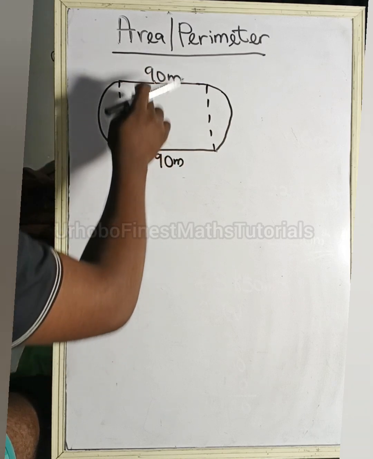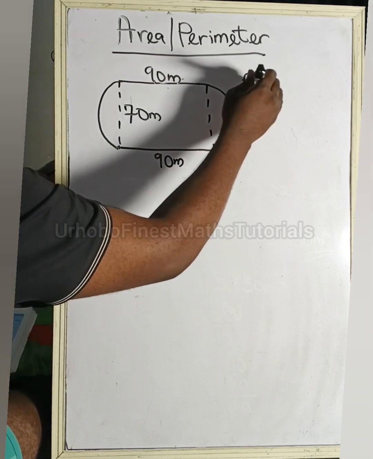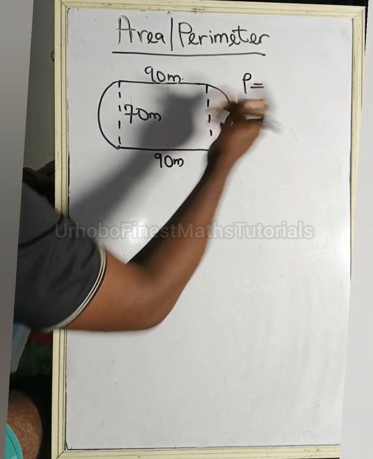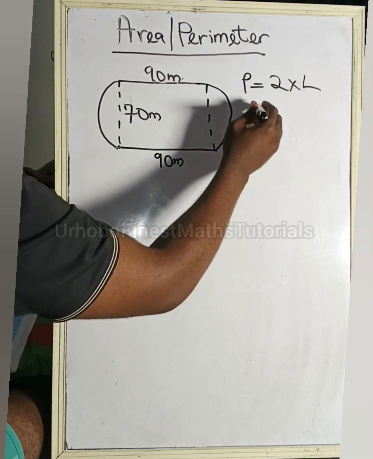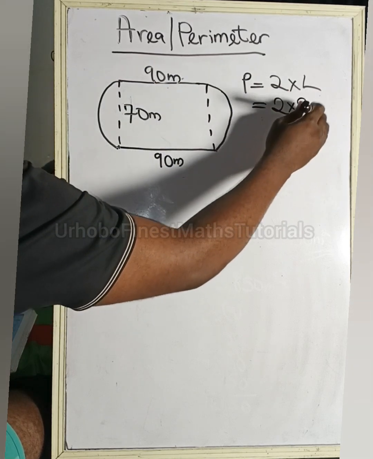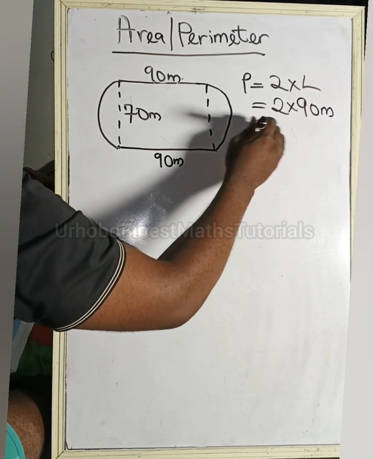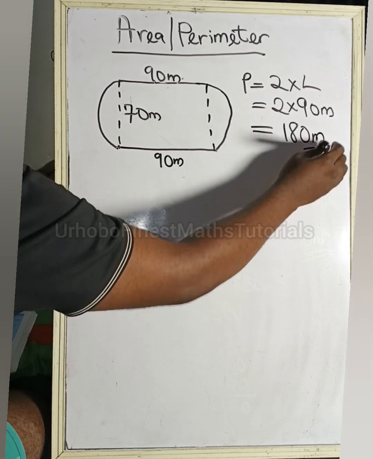All right. So the perimeter of this rectangle in this case is going to be 90 meters plus 90 meters, which is the same thing as saying 2 times L. 2 times the L now is 90 meters. So the perimeter of this rectangle is 180 meters.